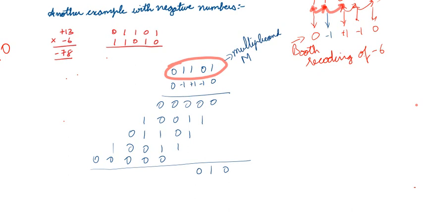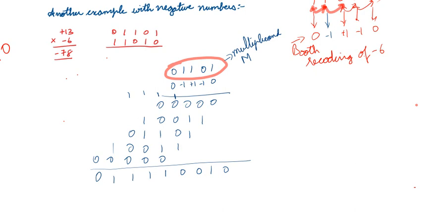Okay, 1 1, the sum is 0, the carry is 1. 1 1, the sum is 0, carry is 1. 1 1 1, the sum is 1. 1 1, the sum is 1, the carry is 1. 1 1, the sum is 1, carry is 1. 1 0 0, the sum is 1 1. Okay, right? So this is what you are getting. Okay, so what is this answer?